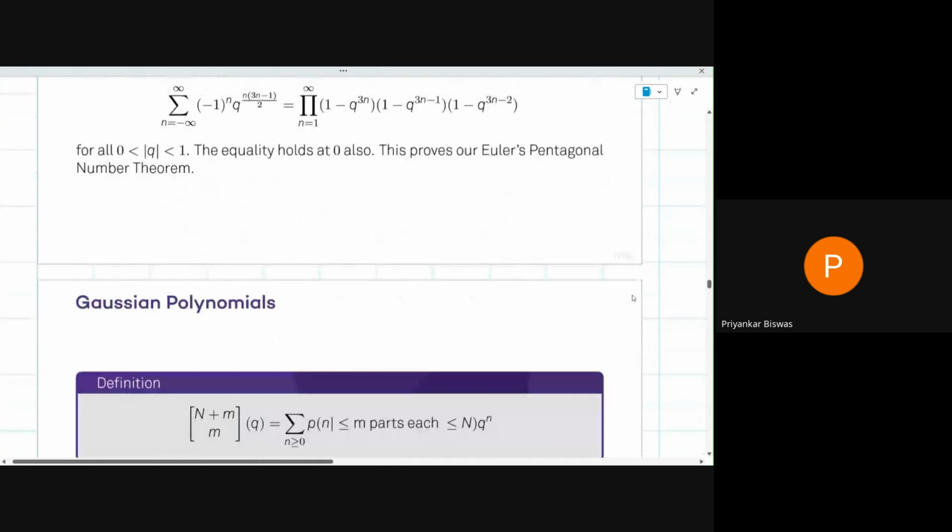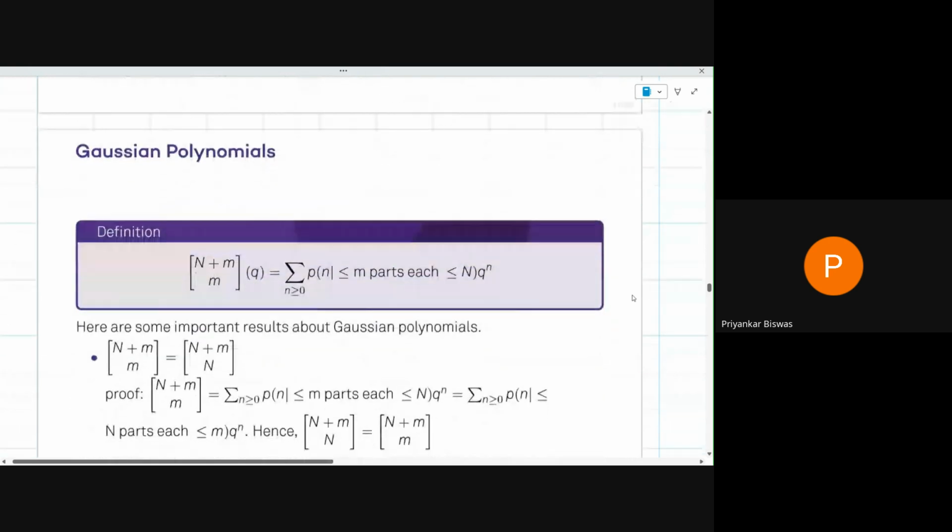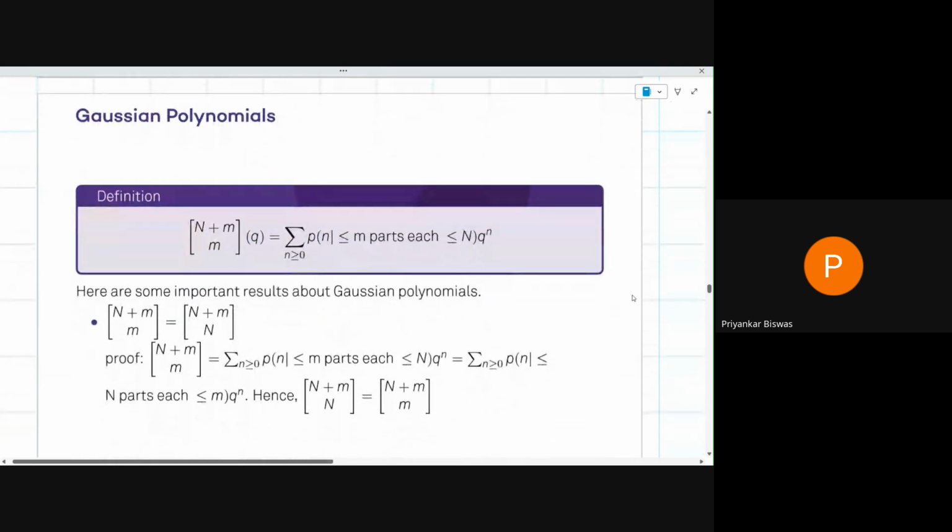And now we'll come to really new thing, which is Gaussian polynomials. Here the Gaussian polynomial is defined in this way. Say this, capital N plus m choose m in q, is the sum over partitions of n given less than or equal to m parts, each less than or equal to capital N, of q power n.